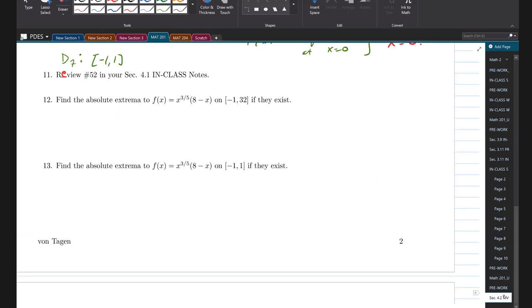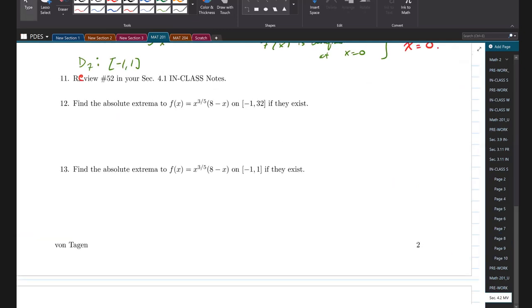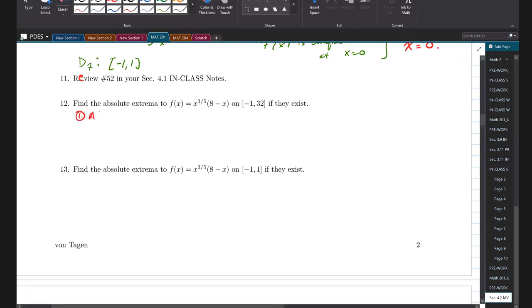Let's find the absolute extremum. Well, first of all, absolute max and min exist since f is continuous on -1 to 3/2.